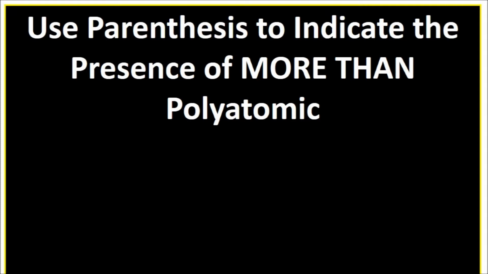Now, if you have ternary nomenclature, one or both are going to be polyatomic ions. When you indicate the presence of more than one polyatomic ion, because let's say you need 2 ammonium +1 to cancel out the -2 of a single carbonate, you have to use parentheses and then a subscript 2 to indicate that you need more than one ammonium.